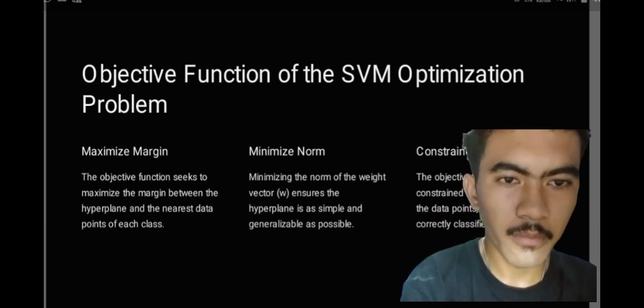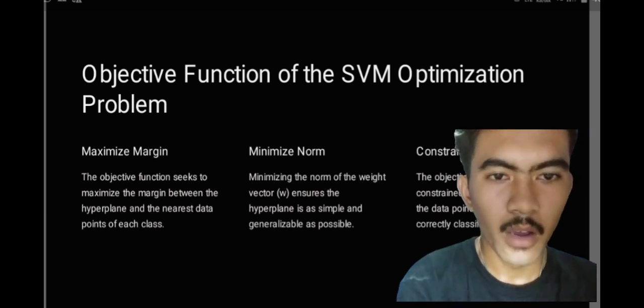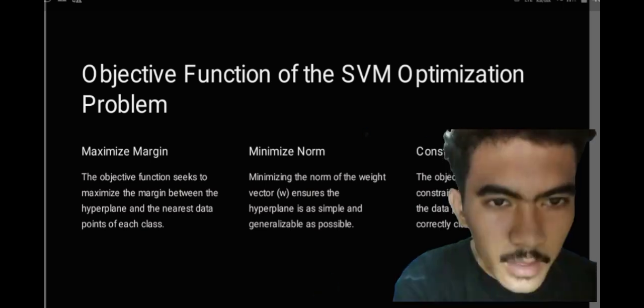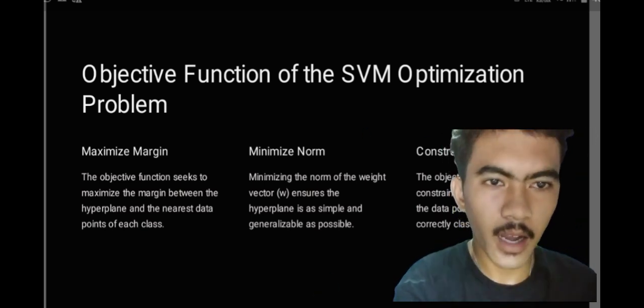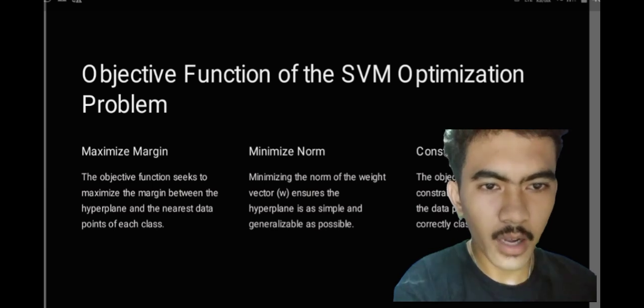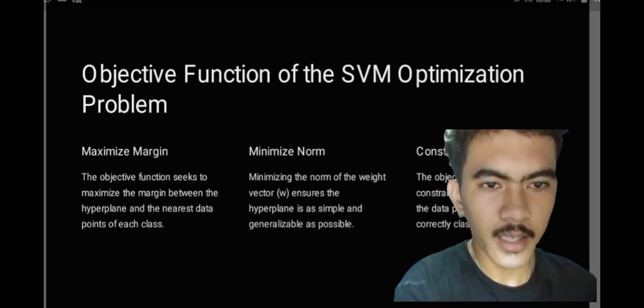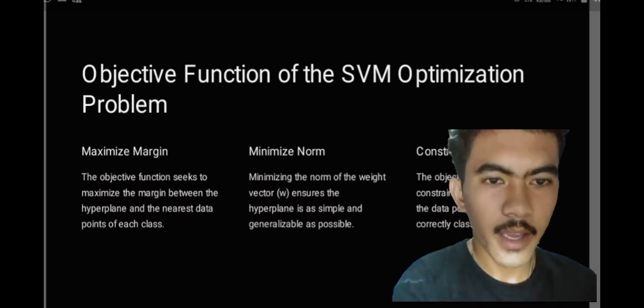Minimizing the norm of the weight vector is a simple and generalized approach. Constrained by labels. The objective function is constrained by the class labels of the data points, ensuring they are correctly classified.